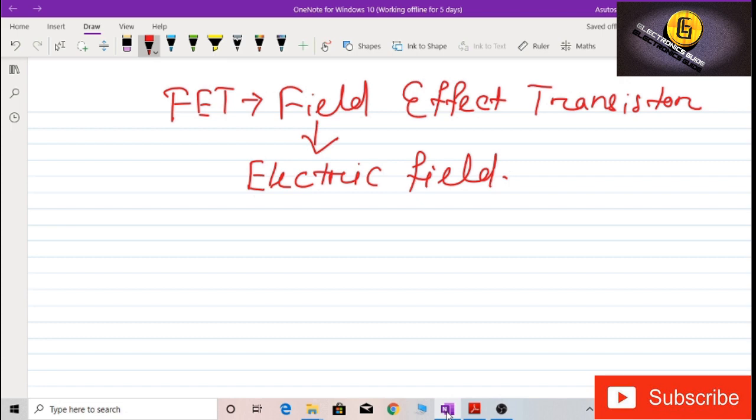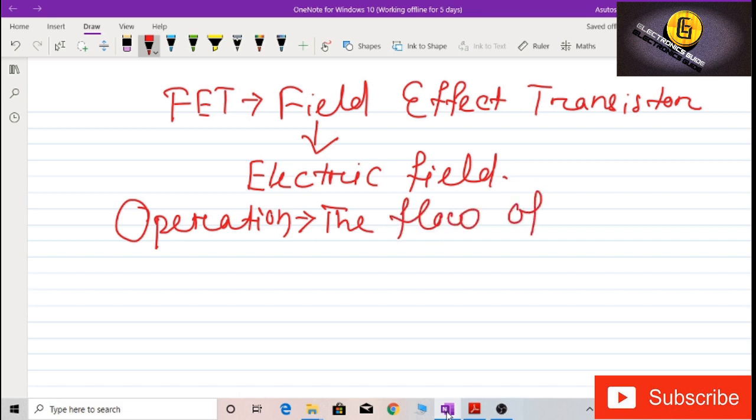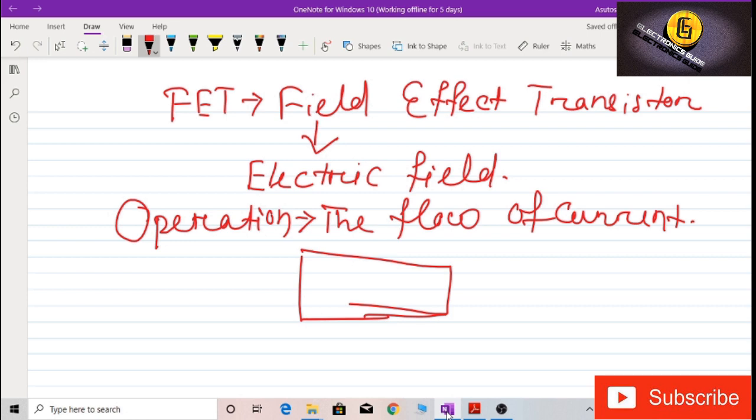That means the operation is controlled by the applied electric field. What do we mean by the operation? The operation means the flow of current. Let's assume this is the device, a FET. Current flows inside the device. This flow of current wholly depends on the applied electric field.